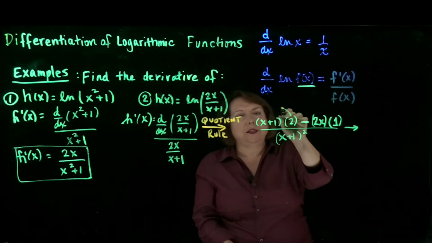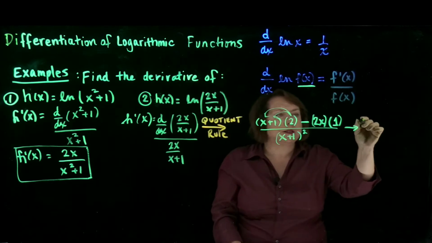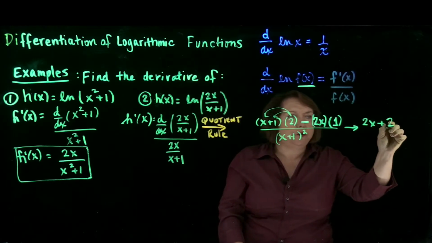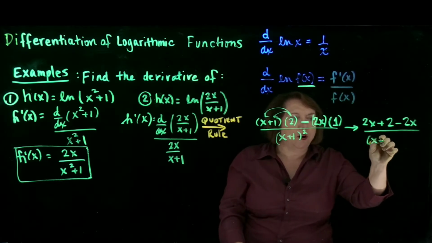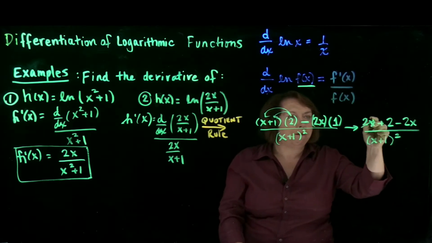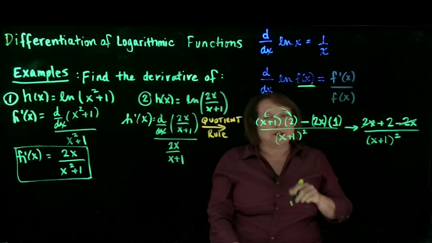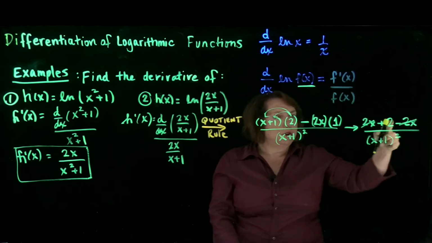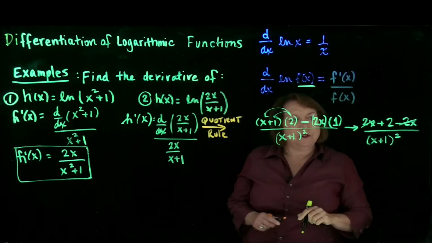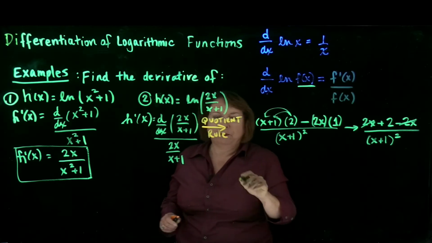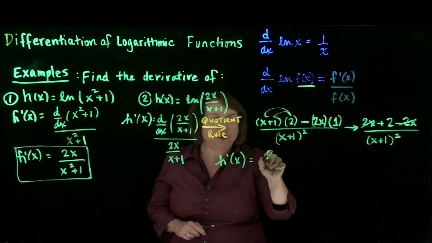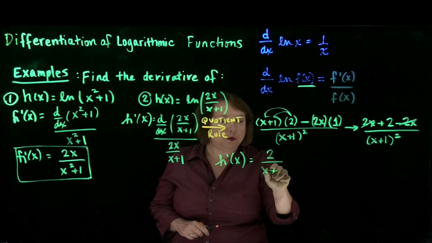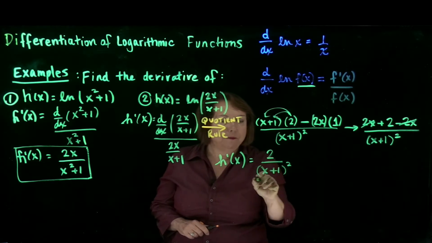So distributing this 2, we'll have 2x plus 2 minus 2x divided by x plus 1 quantity squared. We have 2x minus 2x, which is 0. So we'll be left with 2 divided by x plus 1 squared. So our h prime of x then is 2 divided by x plus 1 quantity squared.